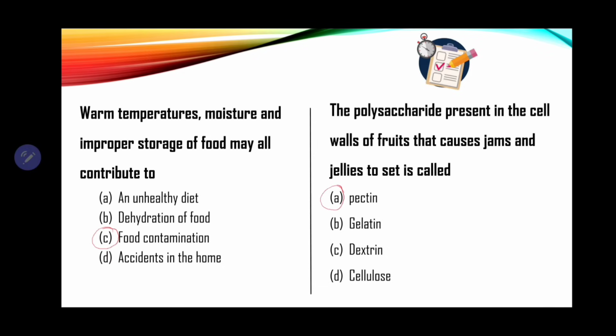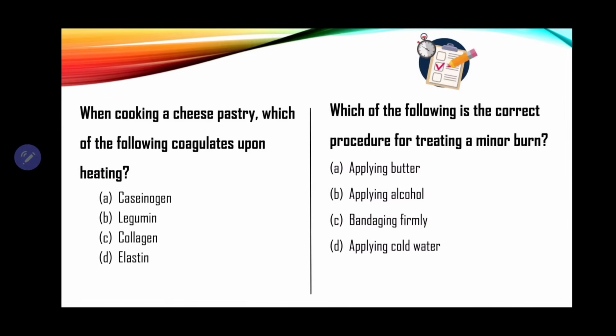So when we're selecting fruits for jams and jellies, we have to select the ones that are just ripe and those that are rich in pectin, as pectin aids in the setting of jams and jellies. They also sell commercial pectin that we may add to these jams and jellies if they are not setting correctly. All right. Next question.